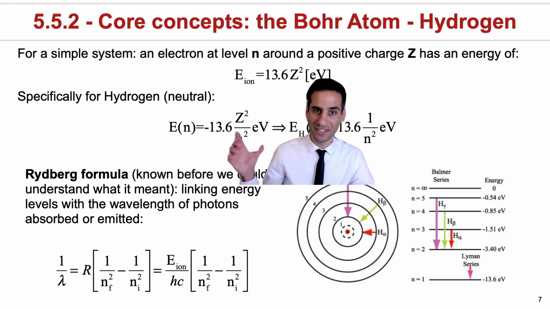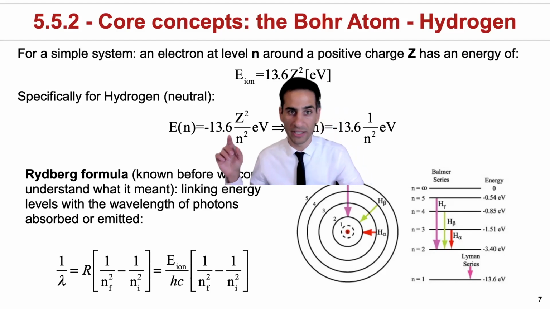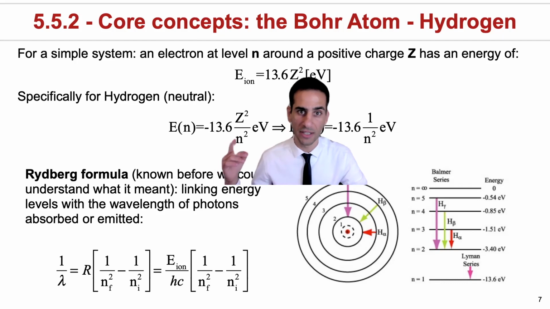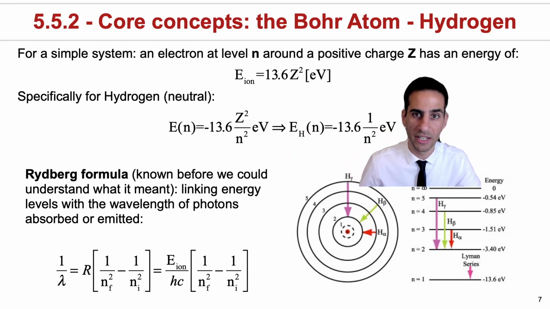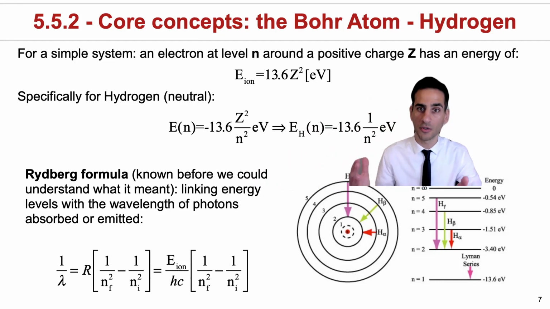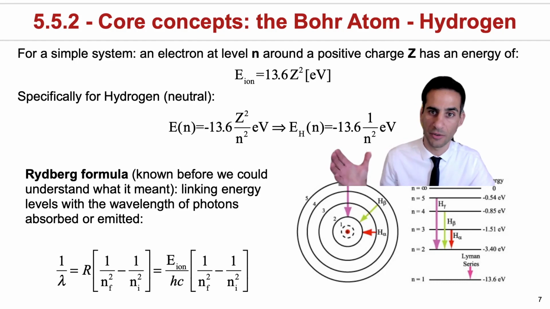This means that if the electron is at a specific level n, its energy will be negative, this is binding energy, minus 13.6 Z squared over n squared. And specifically, if we really are talking about hydrogen in its neutral state, the energy levels will be given by this.